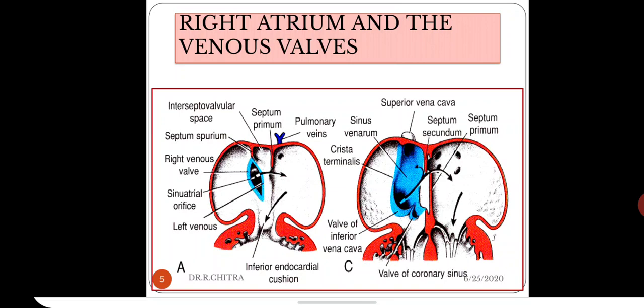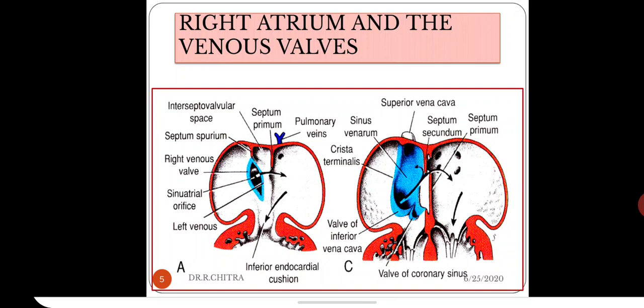Then the septum secundum appeared to the right of the septum primum, incorporating the left venous valve of the sinoatrial orifice. So now the valvular gap between this septum secundum and the septum primum will be called the valvular foramen or foramen ovale. The sinoatrial orifice is guarded by the right venous valve and left venous valve.